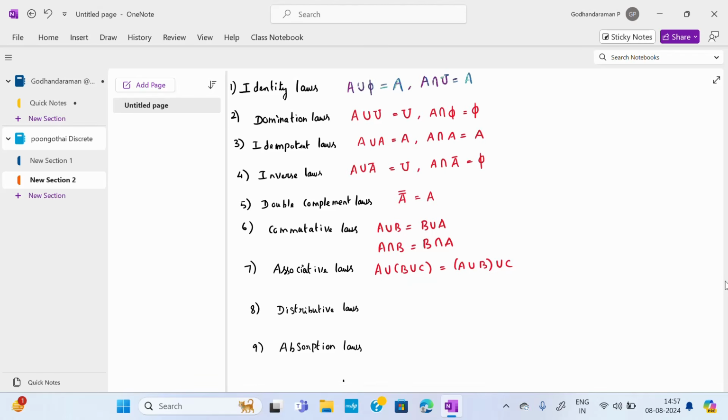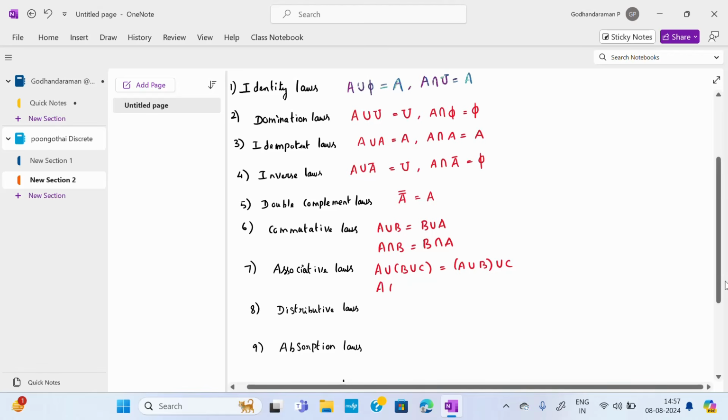Same way, A intersection B intersection C is nothing but A intersection B intersection C with the brackets changed. This is called associative.